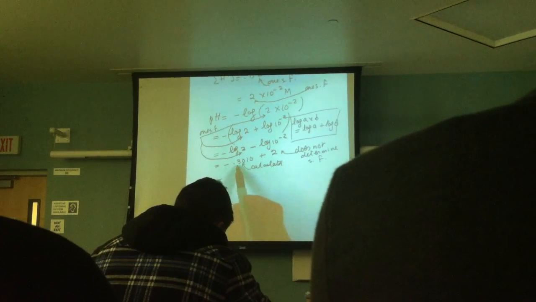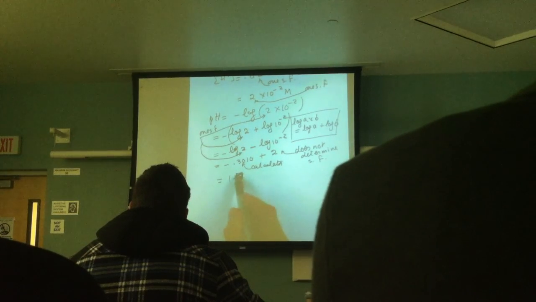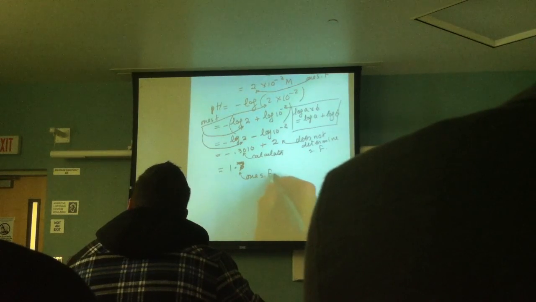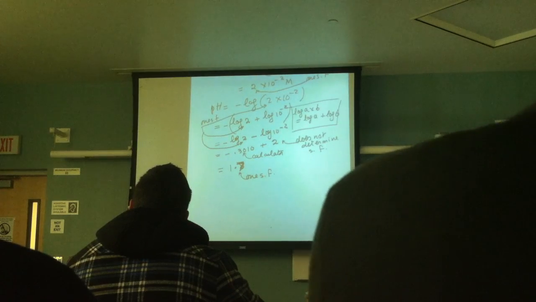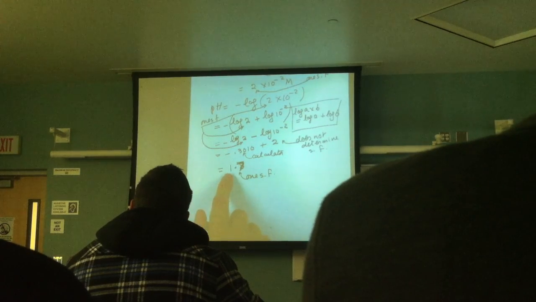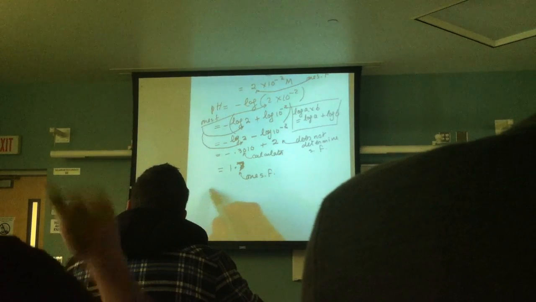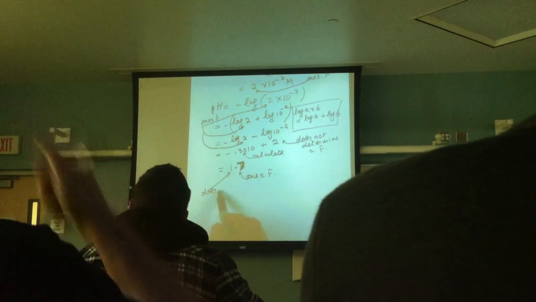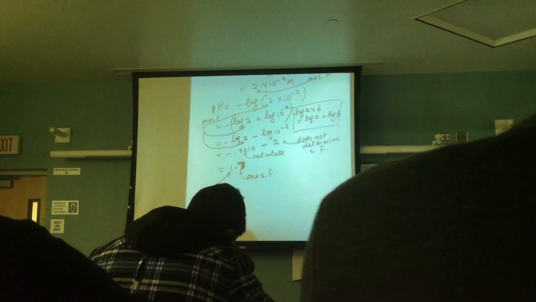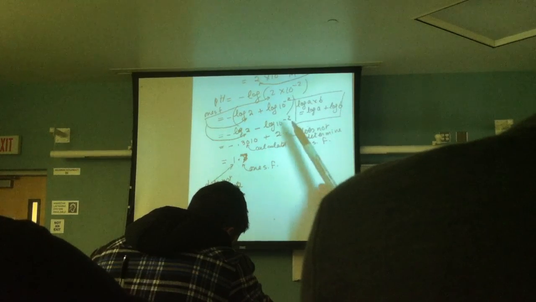2 minus 0.3. What do you get? 1.7. Watch this. This is 1 sig fig. And people go, teacher, I see 2 digits here. How could we say 1? Where does this whole number come from? From the exponent. This does not contribute to sig figs. I'm going to say it again, very slowly. The 2 represents the exponent.